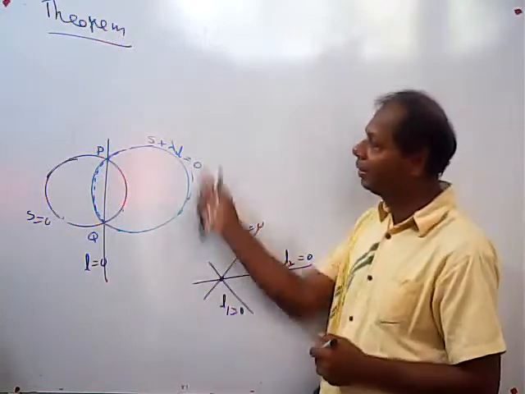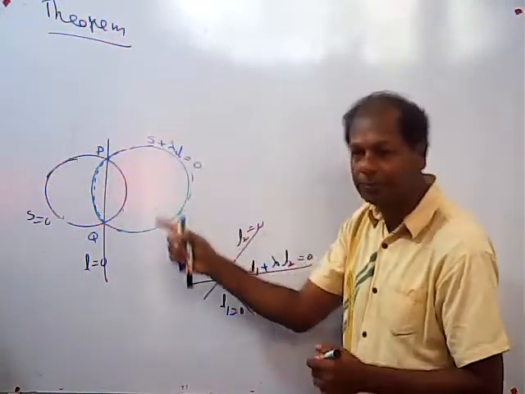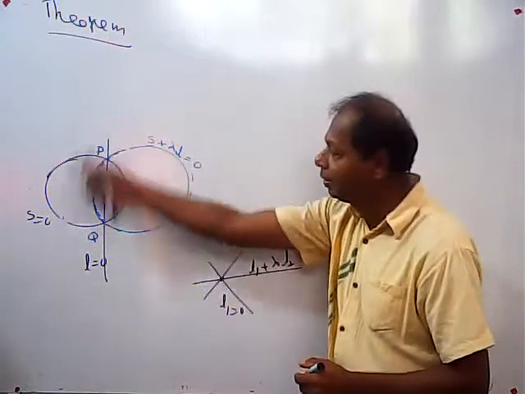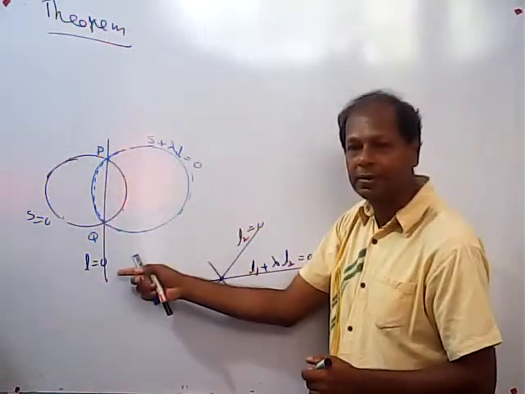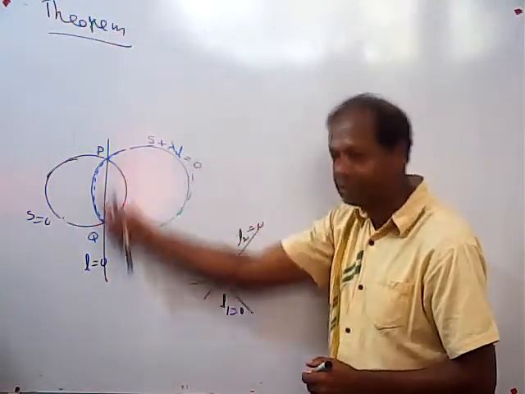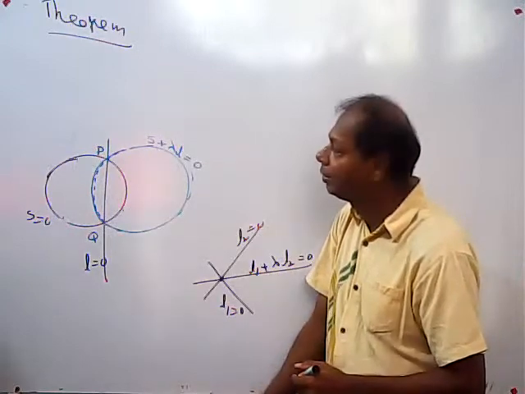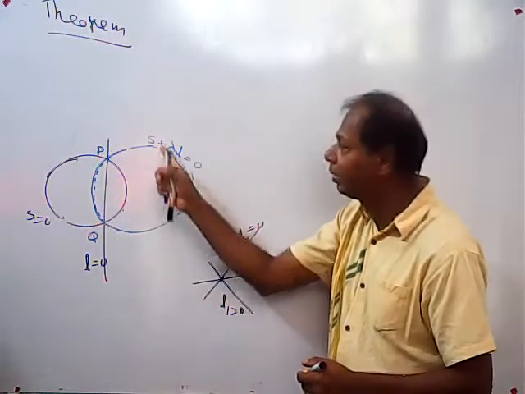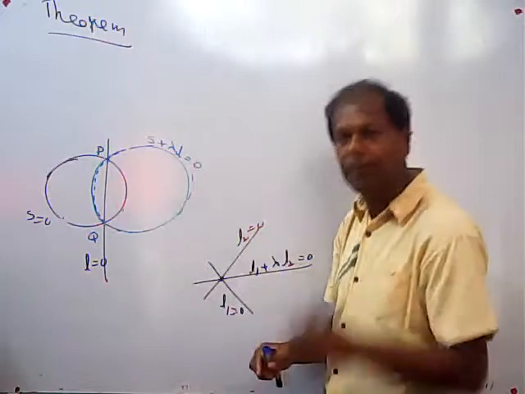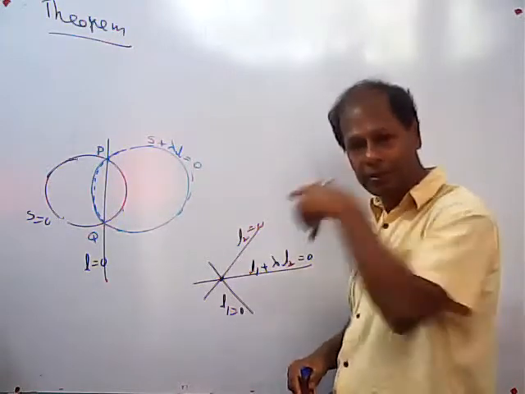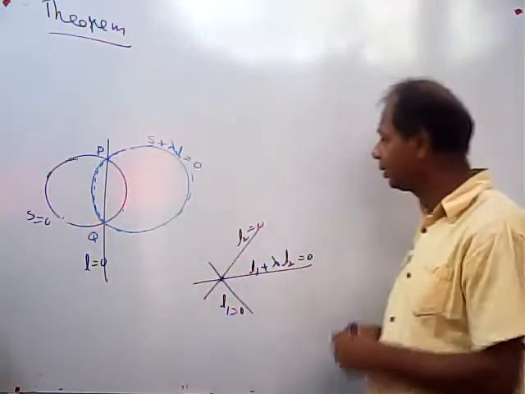Isn't it an extension of the same theorem? This time you are given a circle and a straight line intersecting. Any circle that passes through the common points can be written in the form S plus lambda L equals 0.